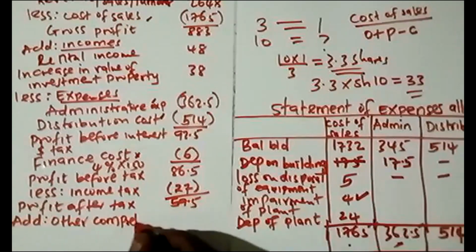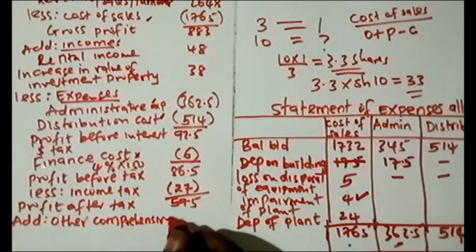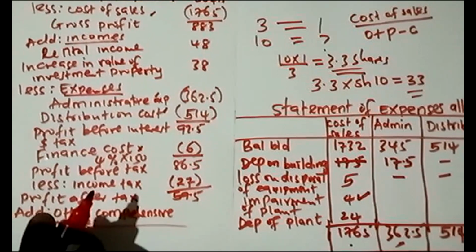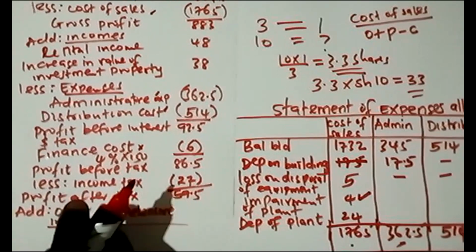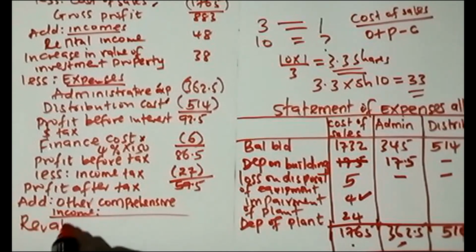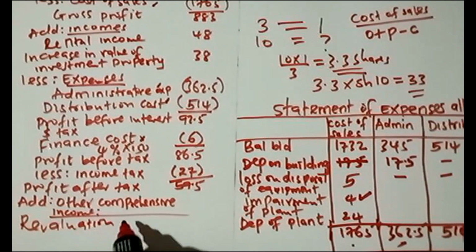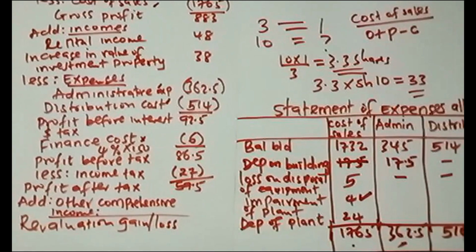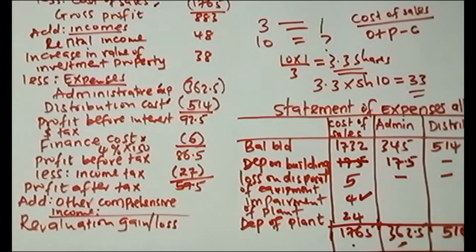Other comprehensive income is concerning revaluation gain or loss on land and building.